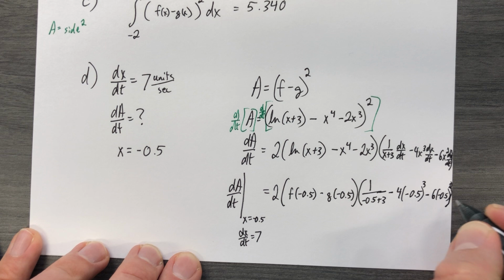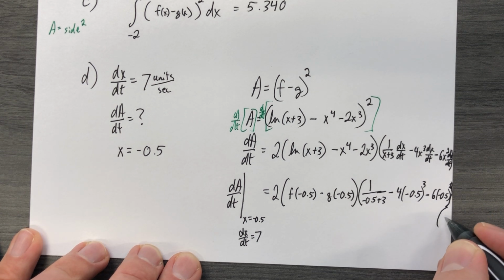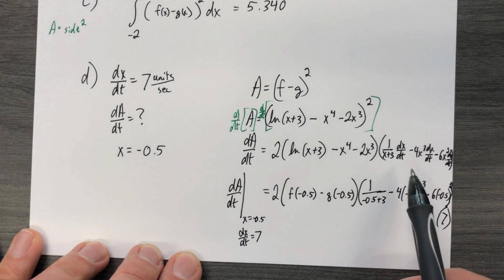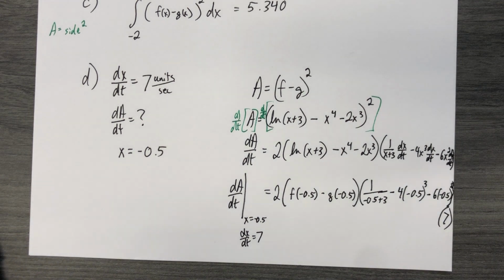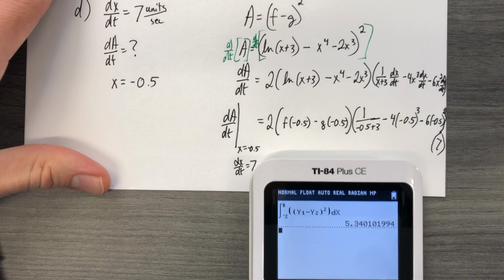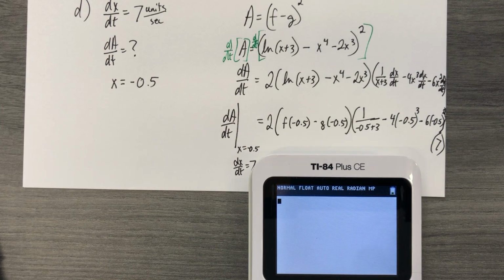All that times, this is tragic looking, 7. I just factored dx/dt out of that, ran out of room, going to put it at the end there. Let's do it. Okay, it's a mess, but thank goodness for calculators.